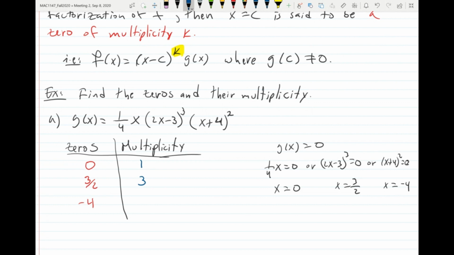What's the power that it has? 2. So that's the multiplicity of that zero. Good. So questions on figuring out the multiplicity of a zero once you have the polynomial factored out? Notice that this would be very hard if it was not given to you in factored form. But if you have your function factored out, understand how to write down the multiplicities.